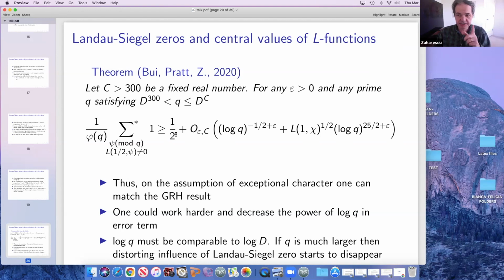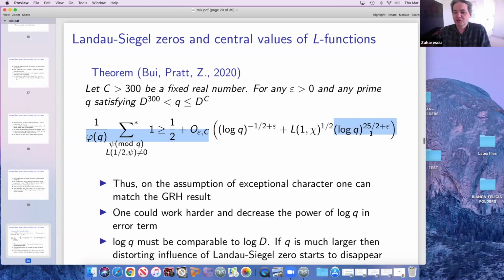It's 50%, that's not 100%, not what I advertised. But this is for the function itself. What I advertised before was for the derivative. For the function itself, we get 50% and an error term. The first part of the error term is good. It's 1 over a root of q, since I said take epsilon to be 1/4, so it's the fourth root of q. We don't care. But the other part, however, has a large power of q in it.